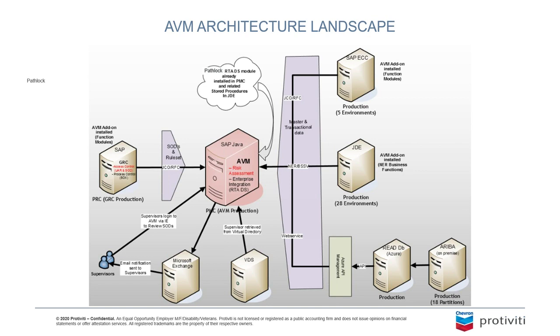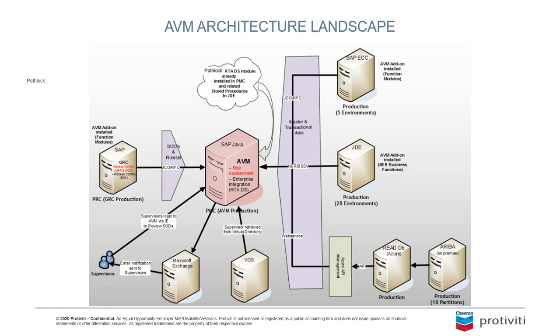For SAP and JDE, we had some standard AVM functions installed in those systems so that it could pull the relevant data that it needed from those. And then from Ariba on the bottom right, this was actually kind of cool and involves some customization. You can see there's a second box that shows ReadDB. That's a procurement data warehouse that Chevron has that's sourcing data from Ariba as well as some other systems.